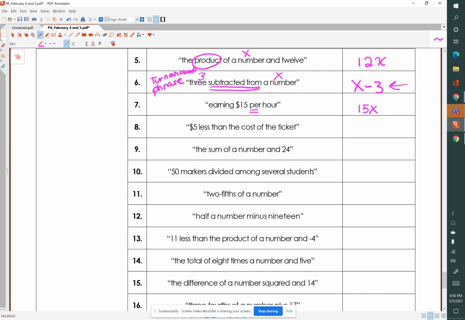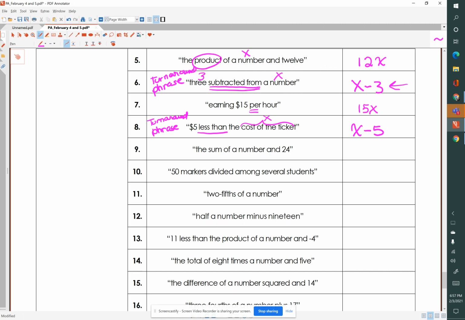Now here we have $5 less than the cost of the ticket. We don't know how much the ticket costs, so that cost of the ticket is going to be our x, and this is another turnaround phrase. Because we have the cost of the ticket minus 5. So even though it looks like 5 minus x, it's 5 less than, so the x comes first.